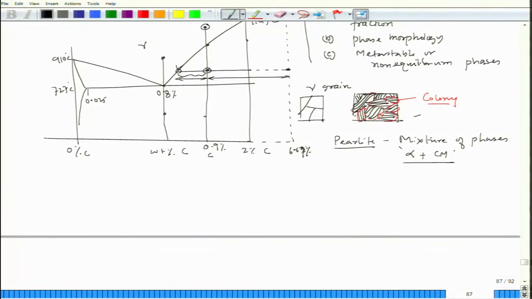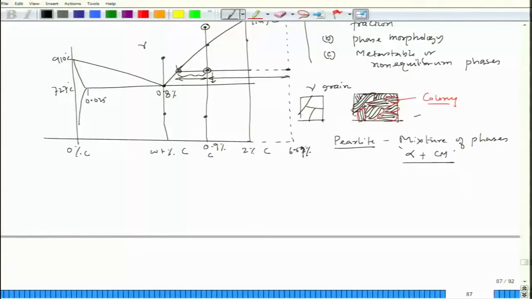And finally, we will get to this point, because as we are cooling down, finally the remaining austenite is reaching 0.8% carbon. So, once we go below the eutectoid temperature, this remaining gamma with 0.8% carbon will convert into alpha and cementite as per the pearlitic transformation.